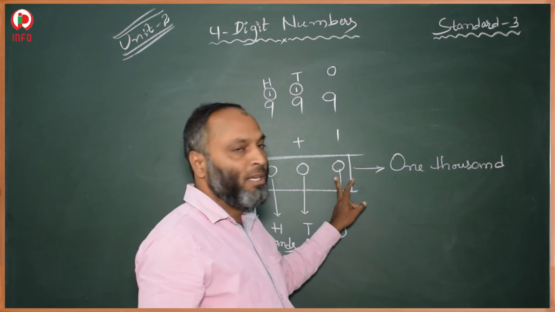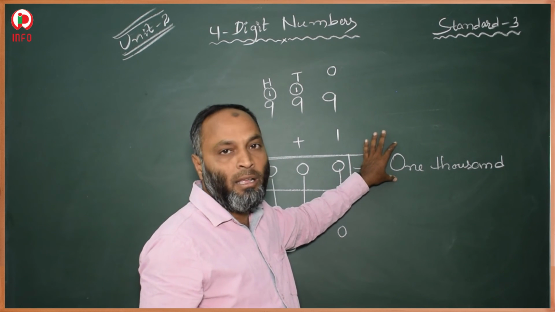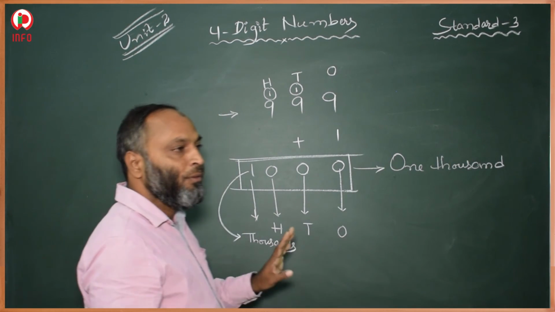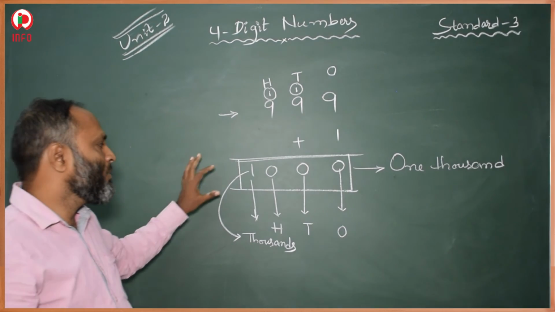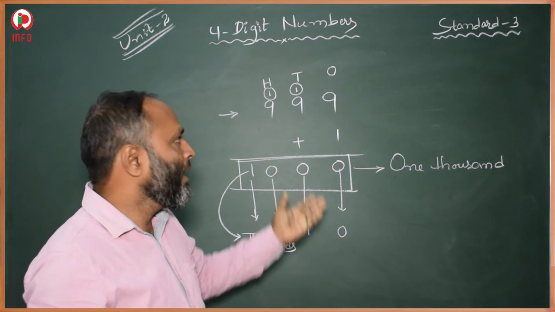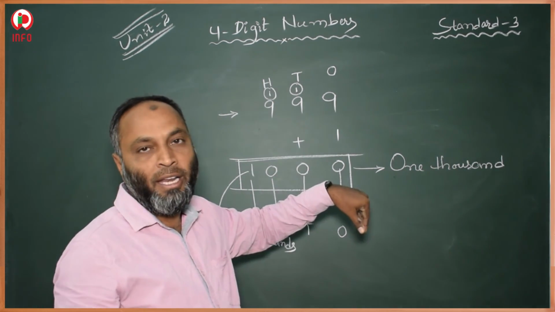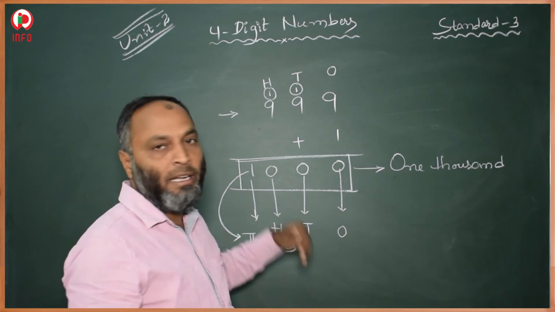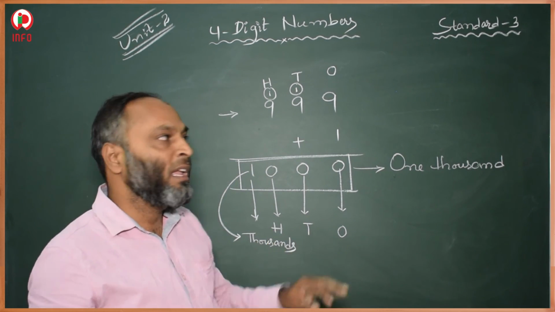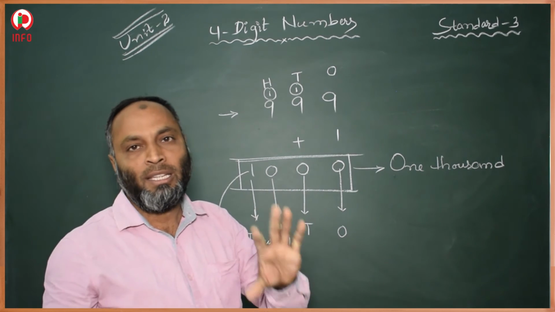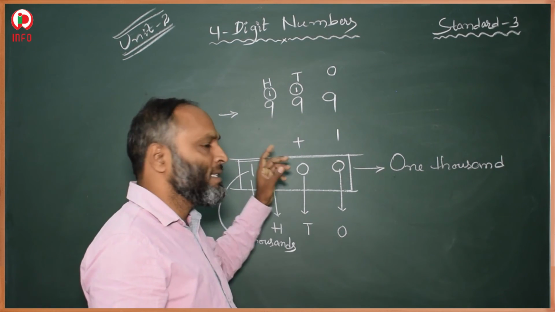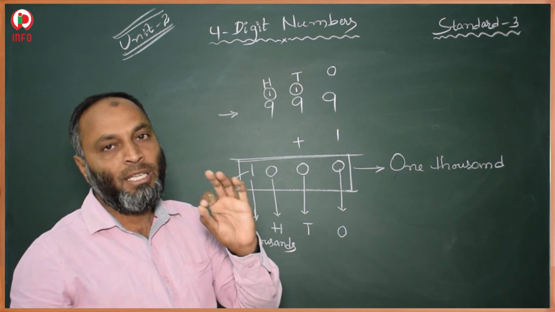There is no other number here. This is a 4-digit numeral, the smallest 4-digit numeral. Why? Right after 999 we get 1000. The first 4-digit numeral is 1000, so that is why this is the smallest 4-digit numeral.